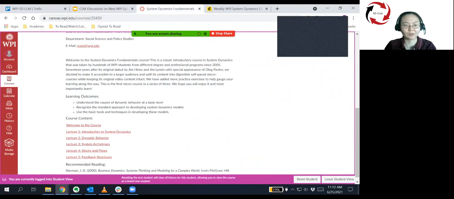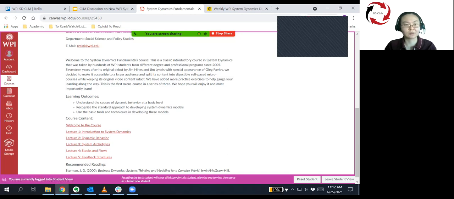These are the learning outcomes. Understand the causes of dynamic behavior at a basic level, recognize a standard approach to developing system dynamics models, and use the basic tools and techniques in developing these models.